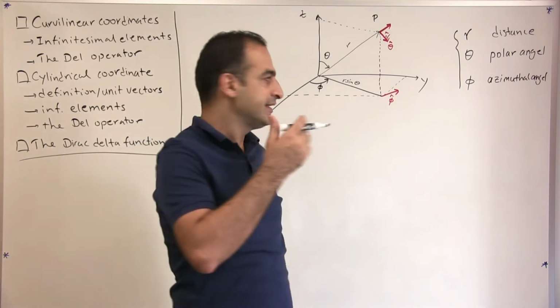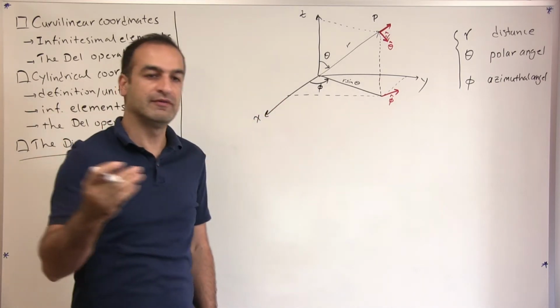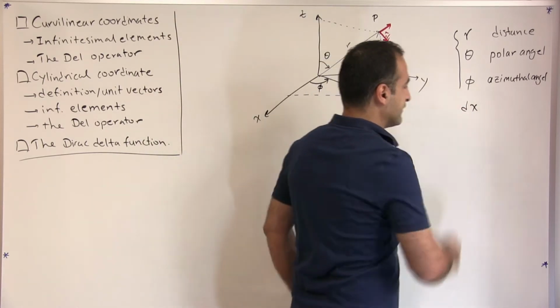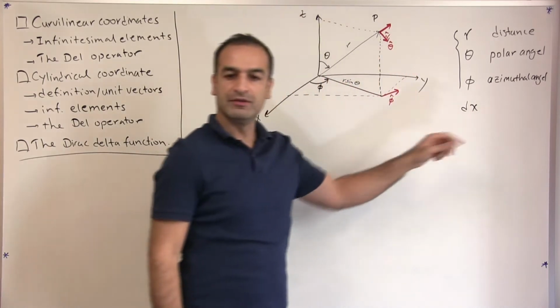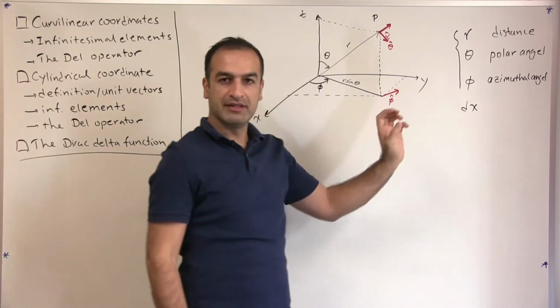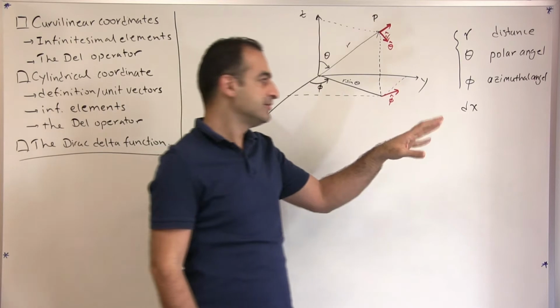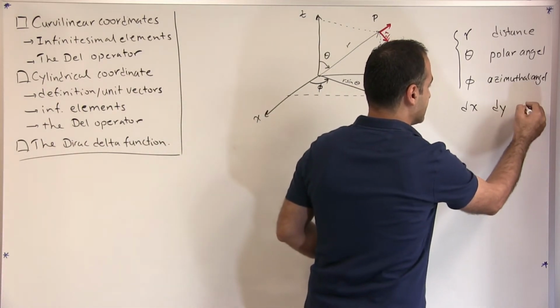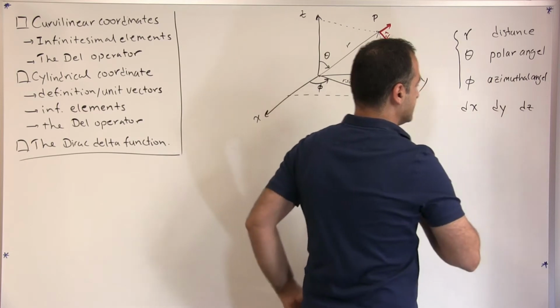Okay, so in XYZ coordinate, in the x direction, if we move a little bit, the notation is going to be dx. A small move in the x direction is dx, a small move in the y direction is dy, and likewise for z, dz.